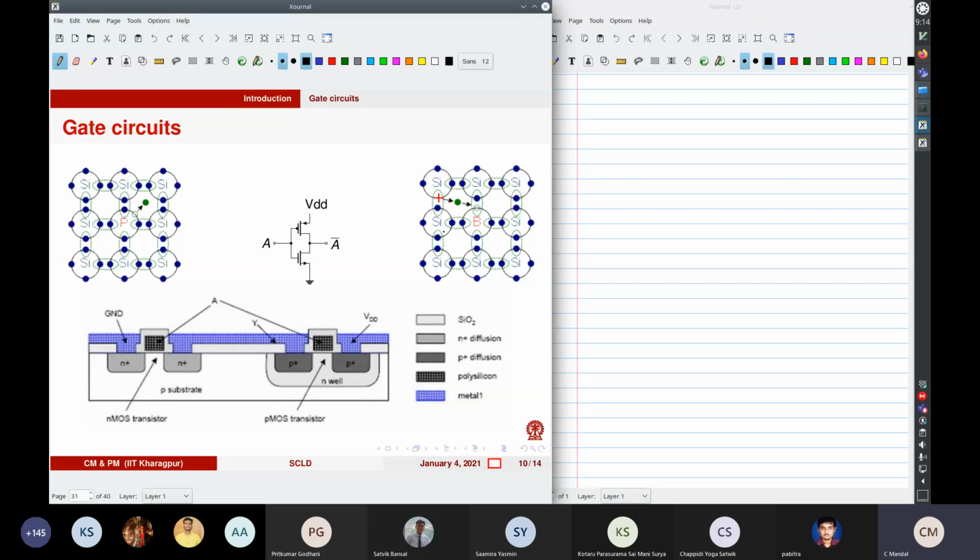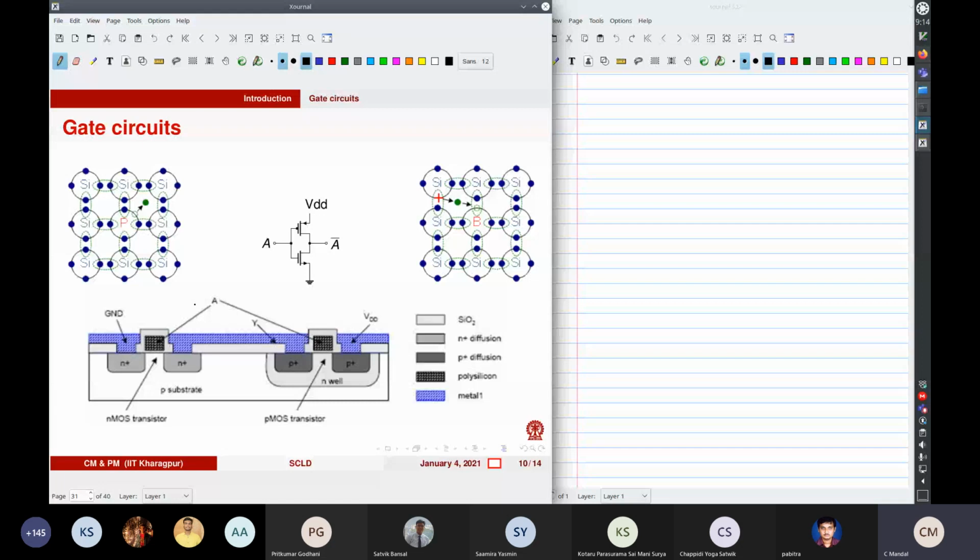First of all, present day semiconductors are usually made up of MOSFETs, or metal oxide semiconductor field effect transistors, and especially CMOS or CMOSFET circuits.